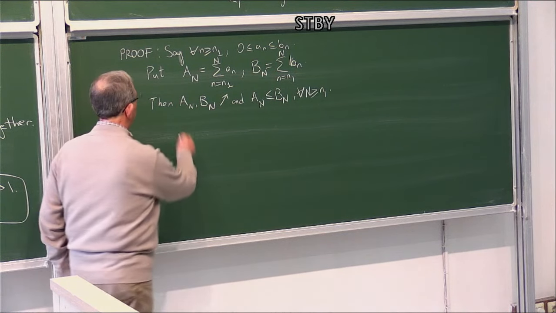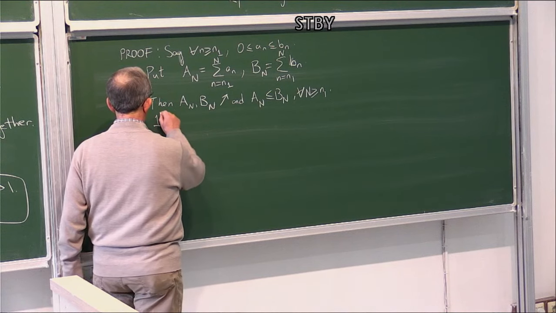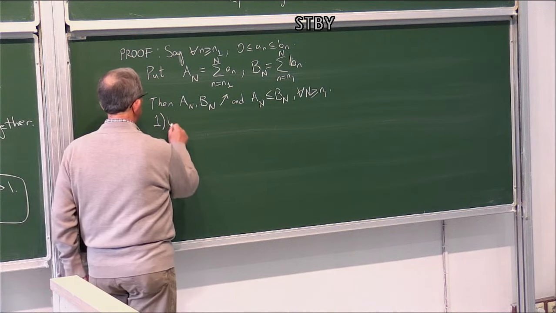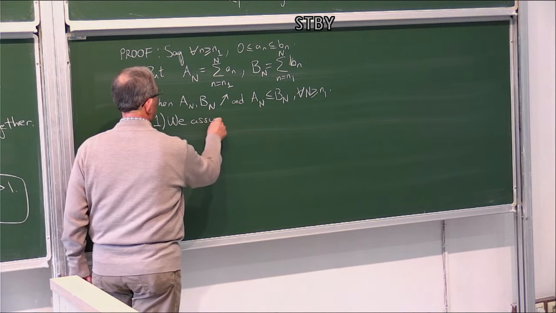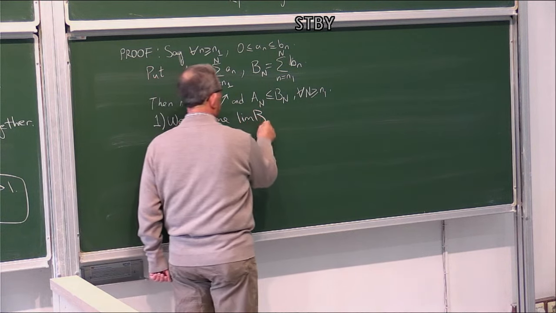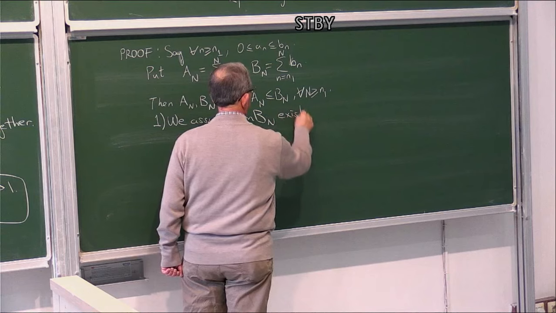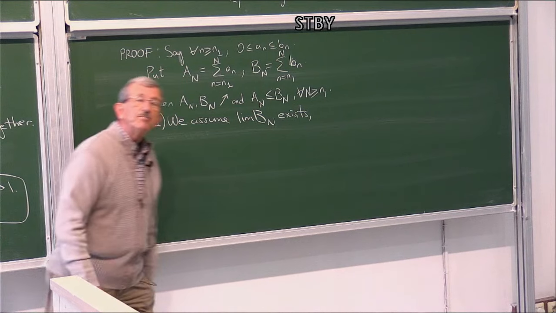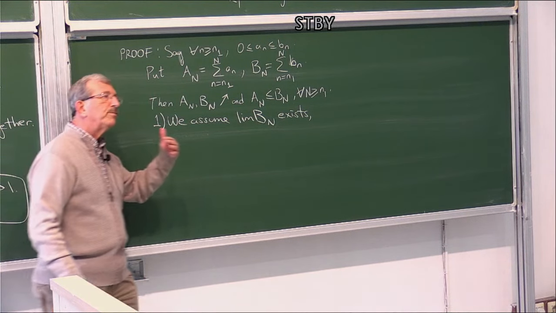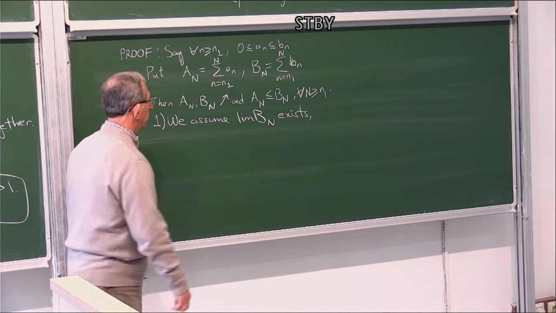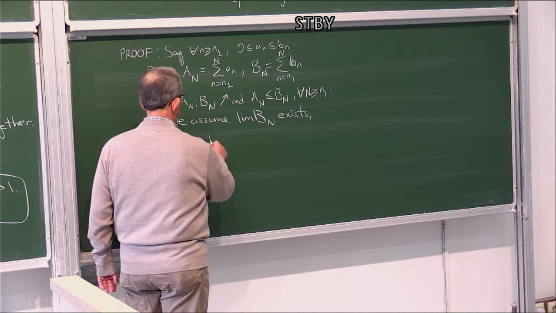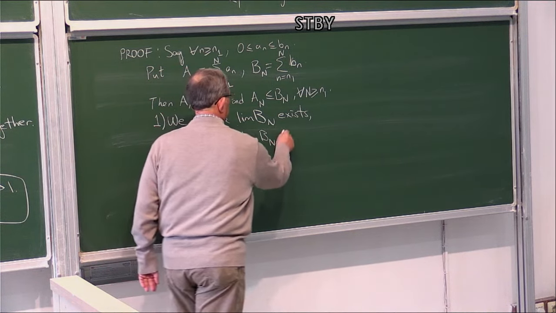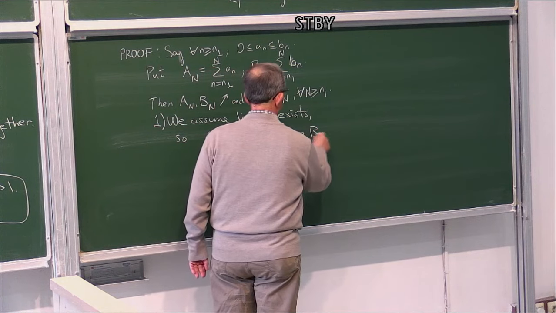Now, from this point on, for the first case, that is, the series of b_n is convergent, so we assume the limit of B_N exists. Well, this limit, because the B_N's are increasing, will be bigger than the B_N's. So B_N is less than or equal to the limit of B_N, since B_N increases.